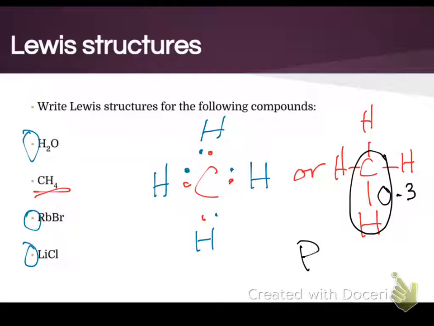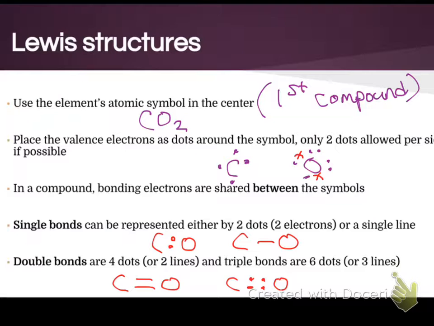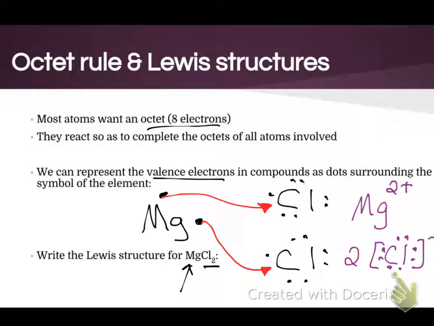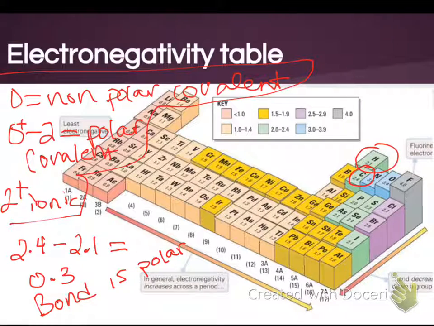So each one of those bonds is polar covalent. Sometimes it's convenient to calculate whether something is ionic or covalent to begin with, so you know whether you should draw the electrons as shared, like this, or whether you should draw them as an ionic bond, like this. So it's really a handy way of figuring out how to draw your structures.